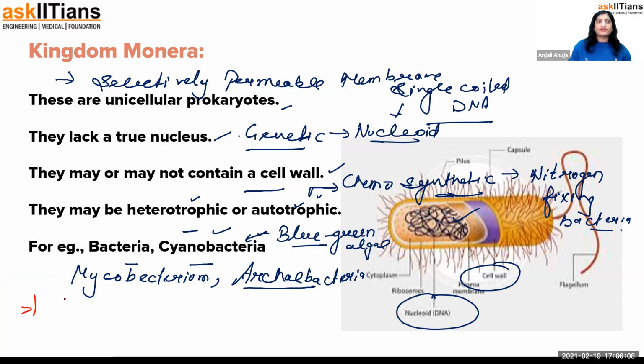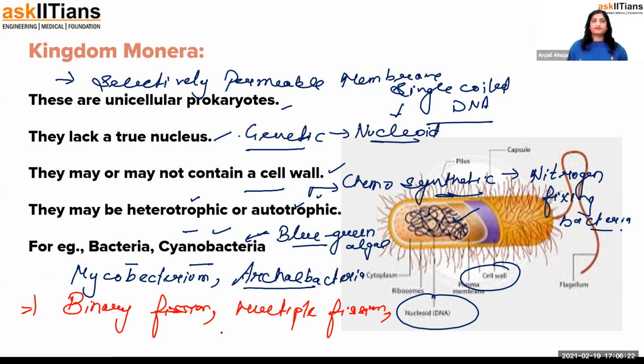They have various ways of reproduction, like they can show binary fission, they can show multiple fission, and they show sexual reproduction also. They literally fuse and pass on the genetic information, because fission is under the asexual reproduction, so that also happens.